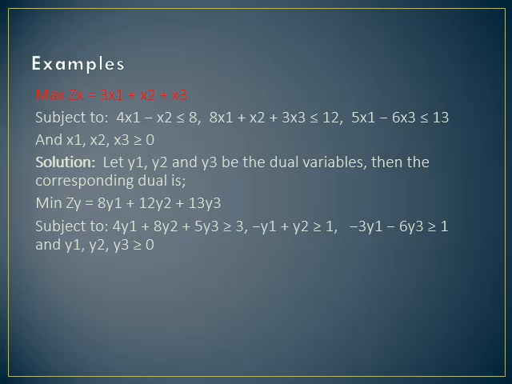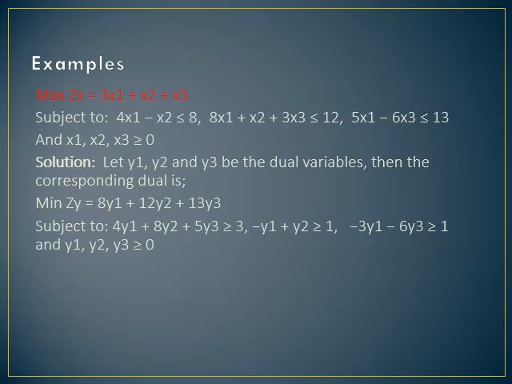Now, as you see, the objective function is a maximization function. The coefficient of x1 is 3, the coefficient of x2 is 1 and the coefficient of x3 is 1.